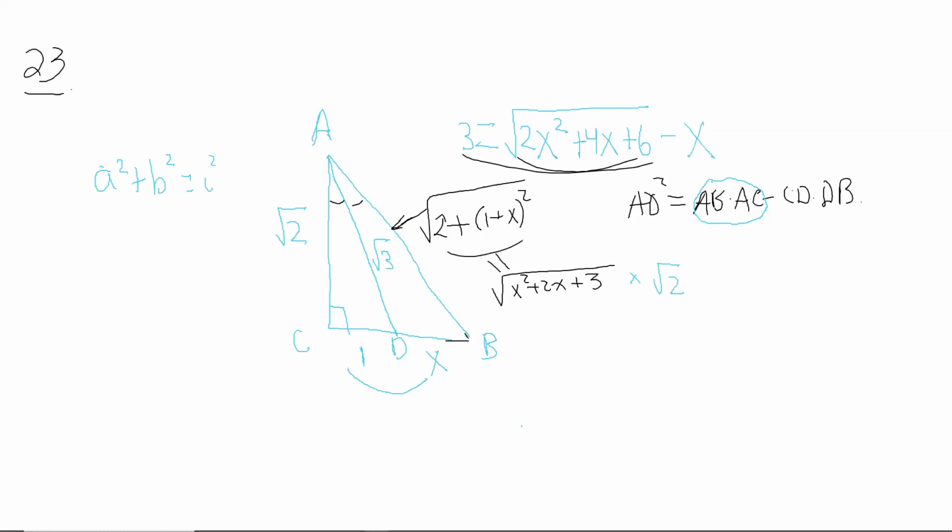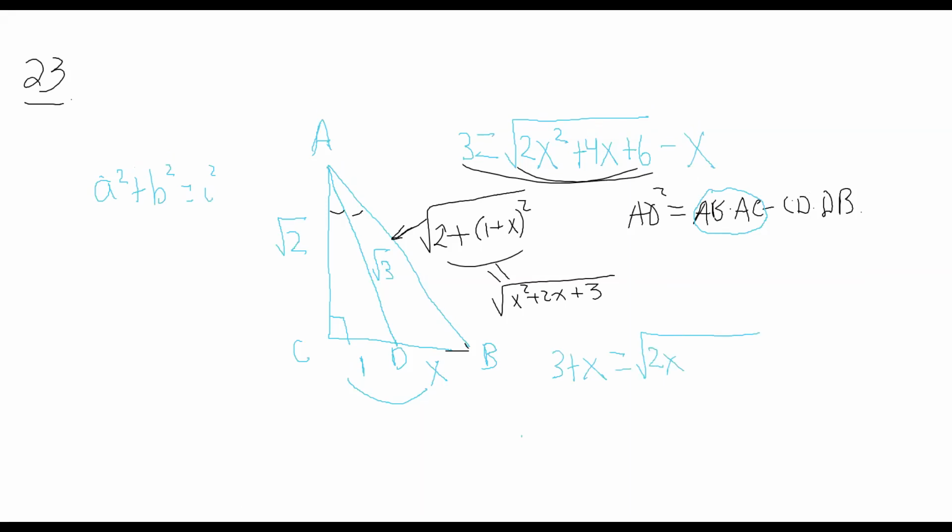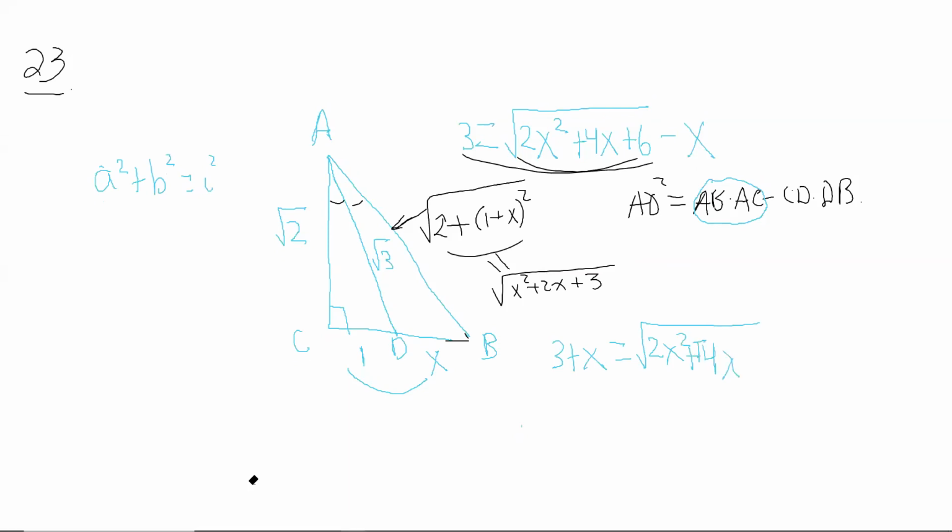So yeah, you just follow this. Okay, very good. And then I just moved this x here, so 3 plus x equals the square root of 2x squared plus 4x plus 6.